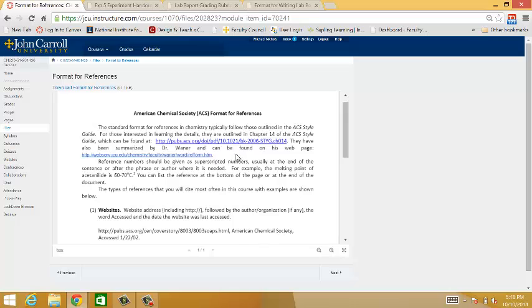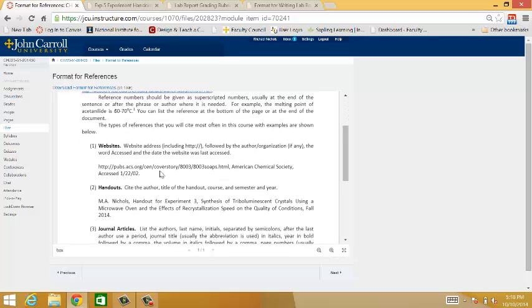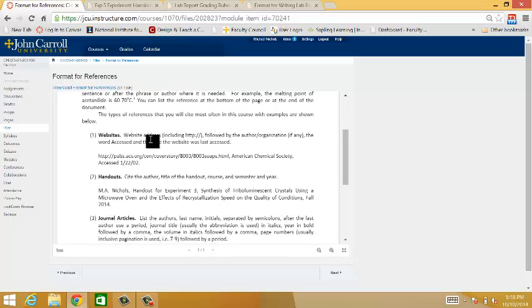Or Dr. Weiner has a website that also has some of the referencing practices. In chemistry, everybody references by superscript, and these are examples taken in some cases from Dr. Weiner's website about how to properly reference. So here is how you would properly reference a website. Make sure you reference my handout of the experiment.